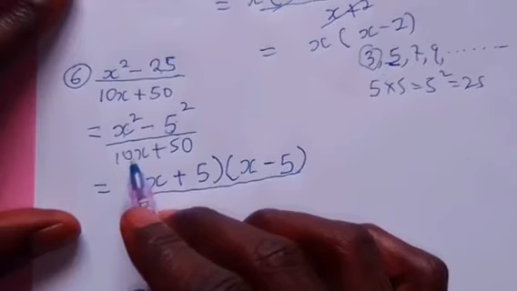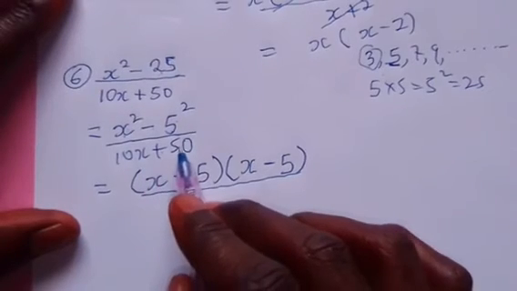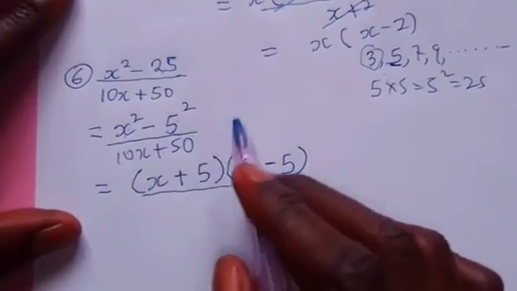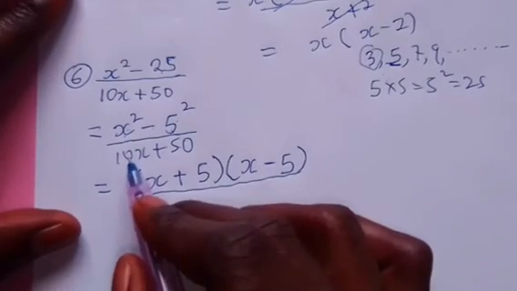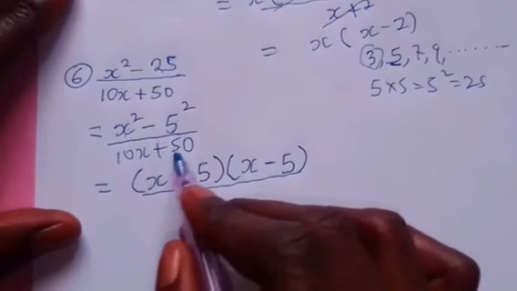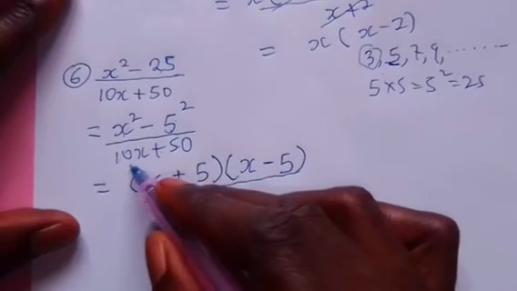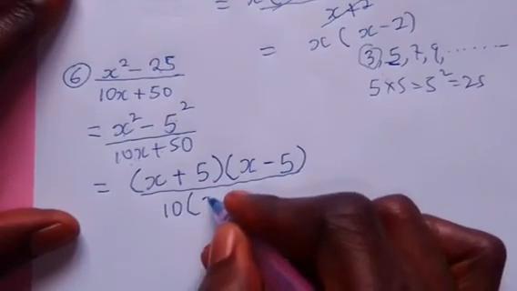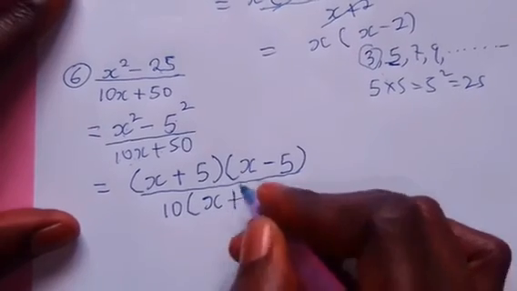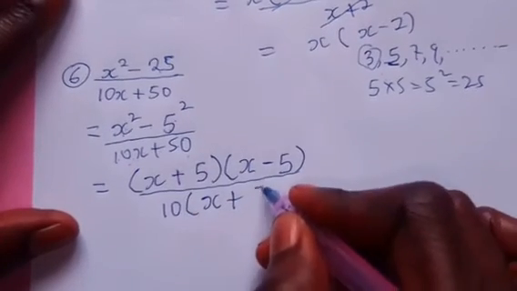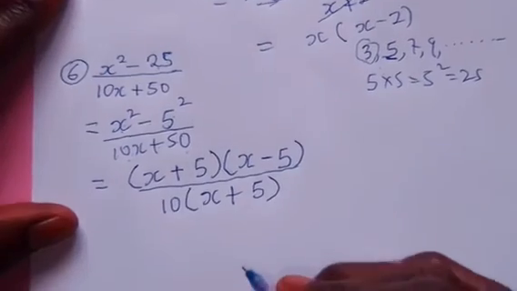If you look at what we have here, we have 10x plus 50. Using the method of HCF, you can see that the highest common factor between 10 and 50 is what? It is 10. And if you divide 10x by 10, you are going to have x. Then plus, divide 50 by 10, you are going to have what? 5. Right?